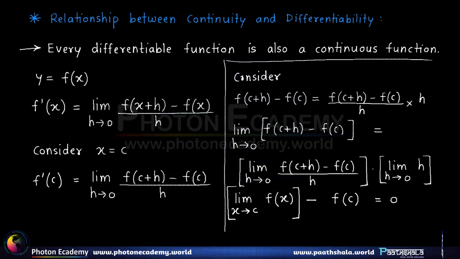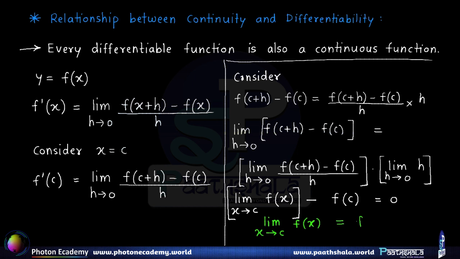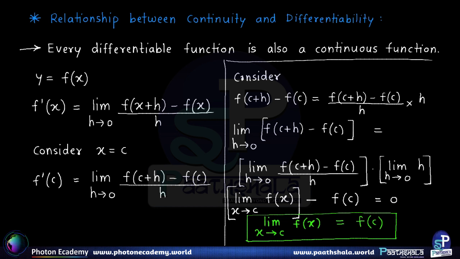So finally we get the limit of the function f of x as x comes closer to c must be equal to the value of the function at x equal to c, and this is precisely the definition of continuity. So we have proven that if the function is differentiable, then it is necessarily continuous also.